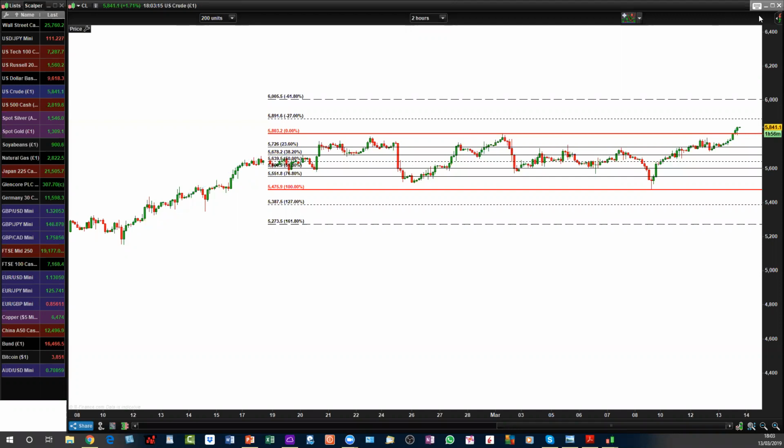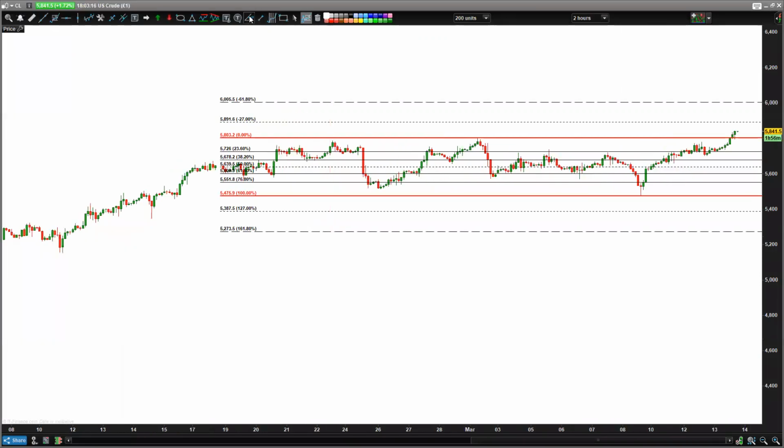So I'll show you where I think support is. We lost the support down here, but when we did break down underneath it, we immediately closed back up. So that's really bullish to me. I was watching these levels here at 55.50.